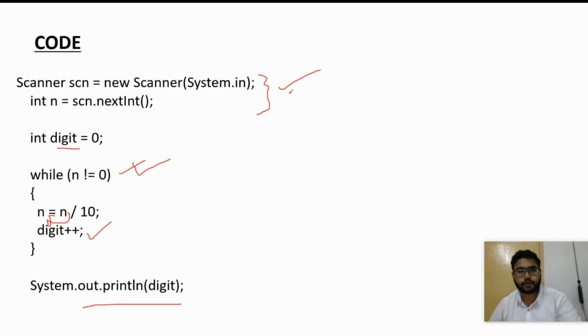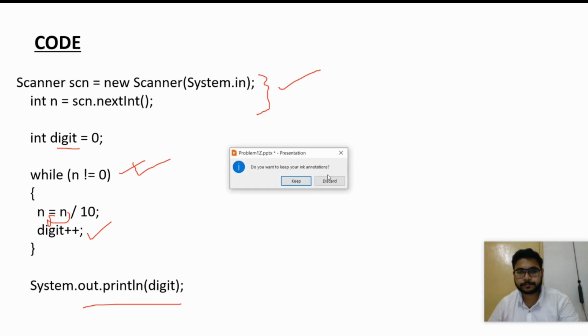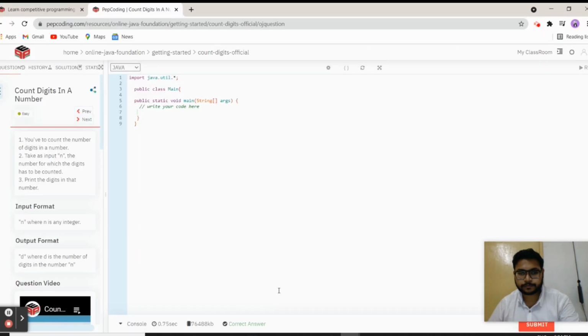Let us try to solve this code in an editor. In this editor we will write the code. Scanner SCL equal to new Scanner(System.in).